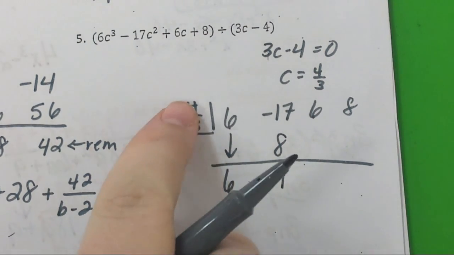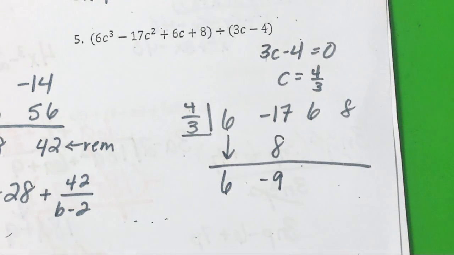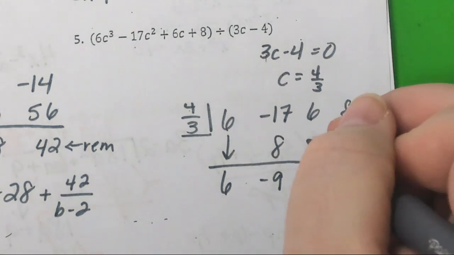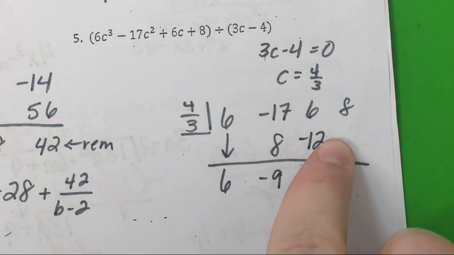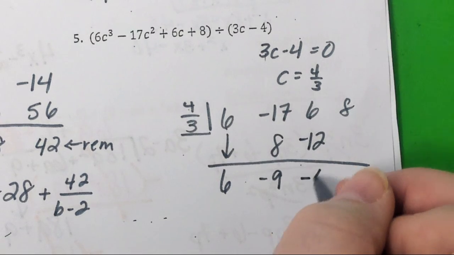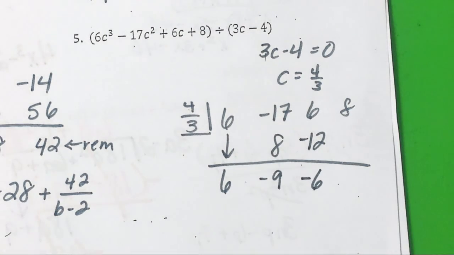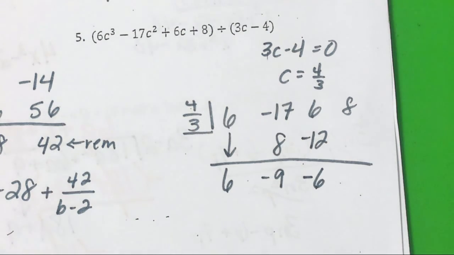Negative 9 times 4/3, negative 36/3, ends up being negative 12. 6 minus 12, I get a negative 6. Negative 6 times 4/3, I get negative 24/3, which again reduces to negative 8.